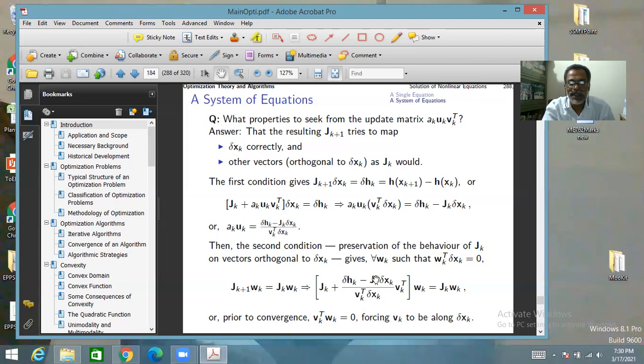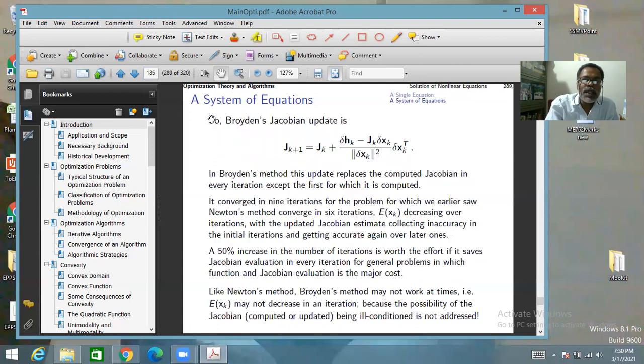Jk plus this thing, where in place of Vk you put delta xk here also. So this turns out to be the Broyden update. The denominator delta xk transpose delta xk can be written like this easily. Okay. So this updated matrix replaces the computed Jacobian for subsequent iterations.